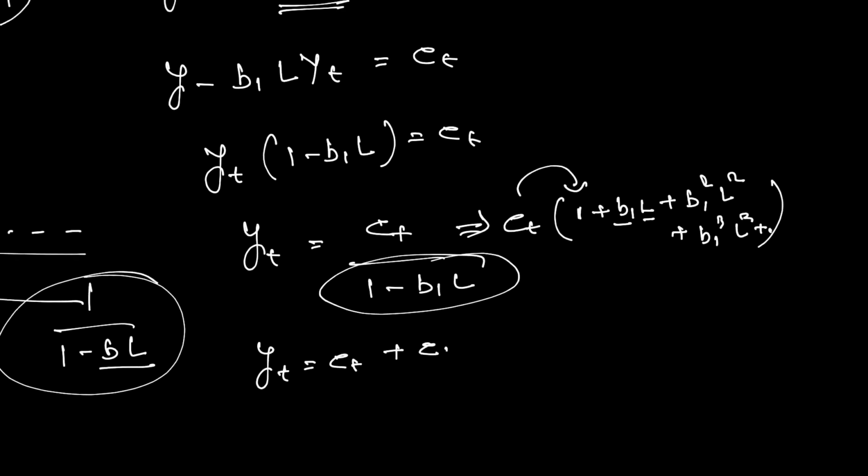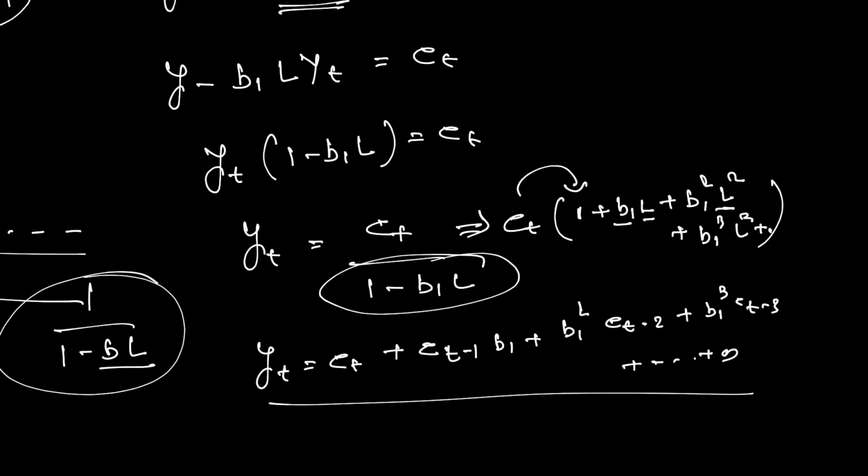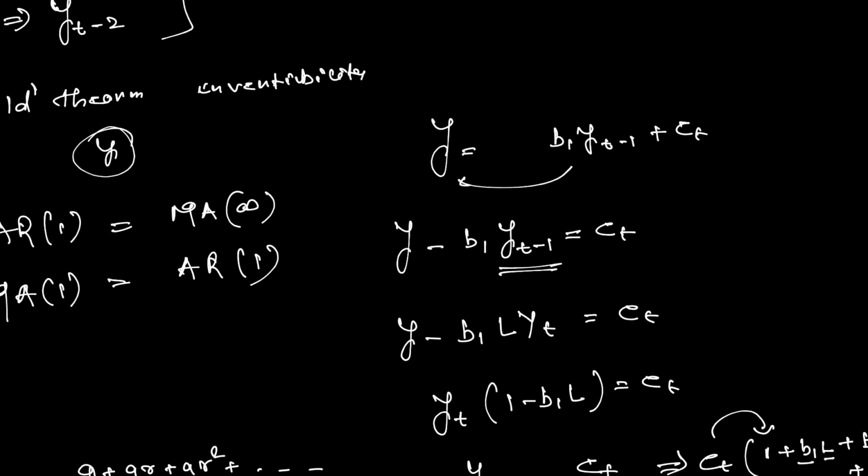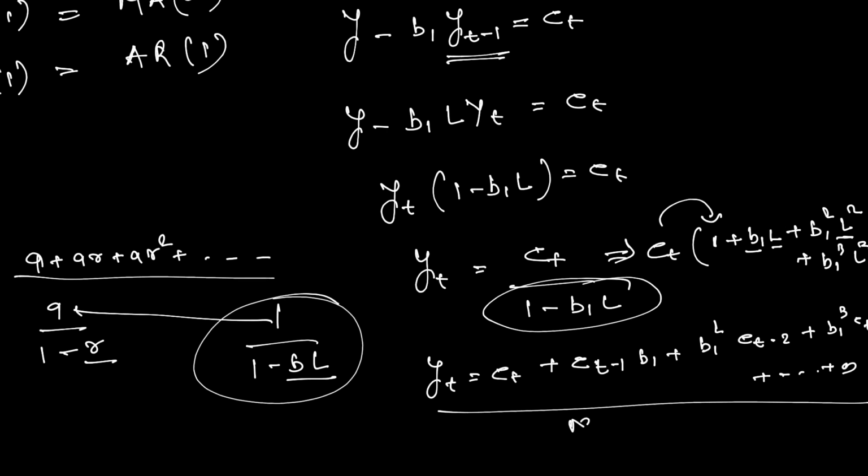So I will write it as et minus 1 into b1 plus b1 square into et minus 2 because it is L square, b1 cube into et minus 3 plus till infinity. So you can see that we started from an AR1 model and we reached an MA infinite model.